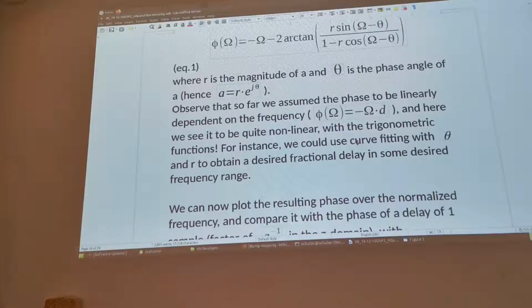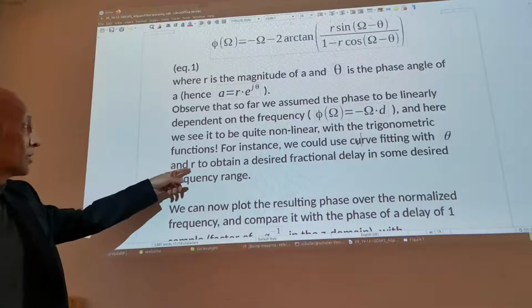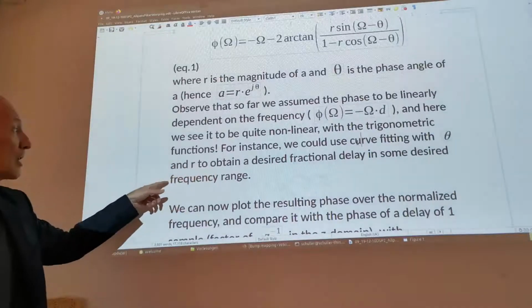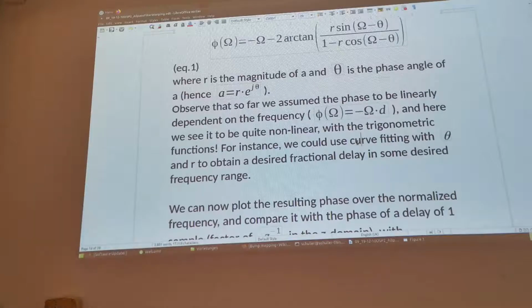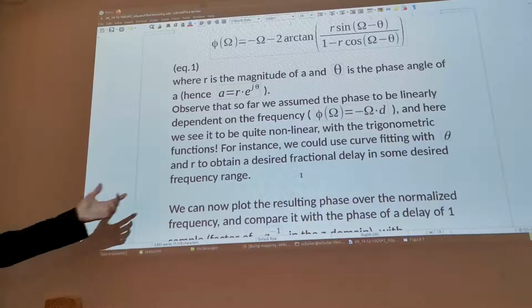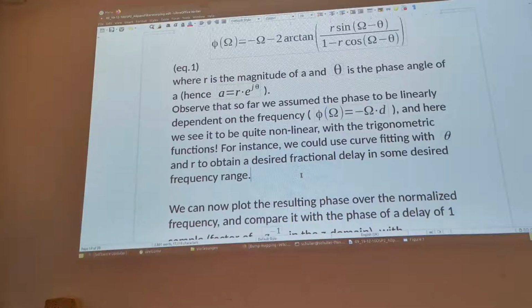So for instance, we could use curve fitting with theta and r to obtain a desired fractional delay in some desired frequency range. So now we could use a to obtain a desired delay in some frequency range, for instance, at low frequencies. Or we could basically try different r and theta to see if we get the desired delay.